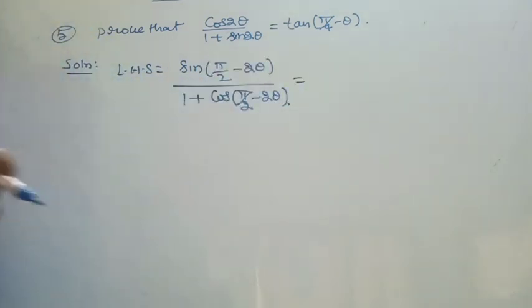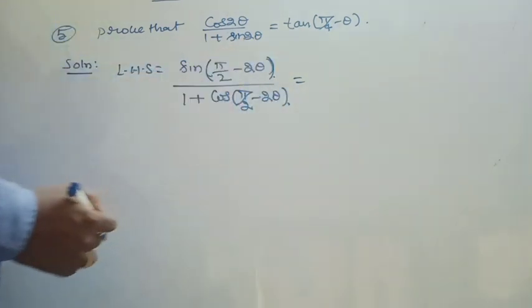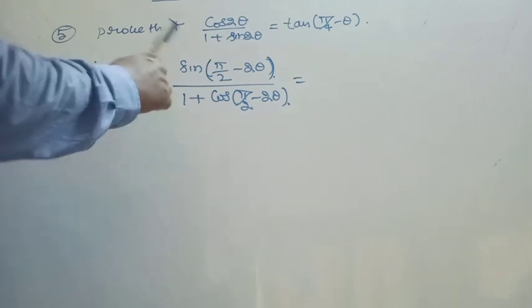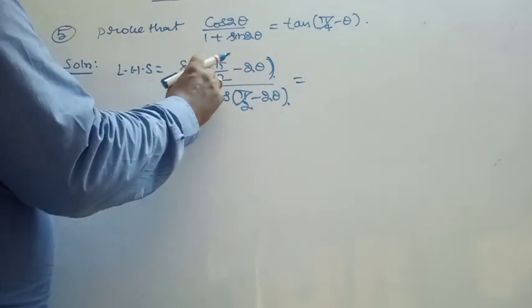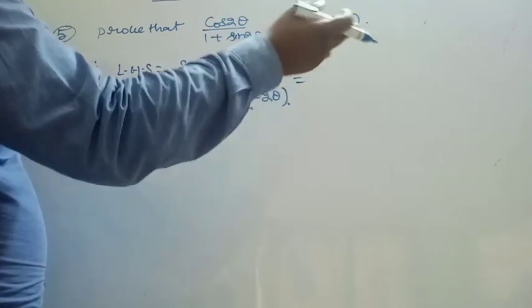Now what we are having is sine of pi by 2 minus 2 theta here. You can write it as, you see my dear students, this is the formula: sine 2a means 2 sine a cos a, or sine a means 2 sine a by 2 cos a by 2.